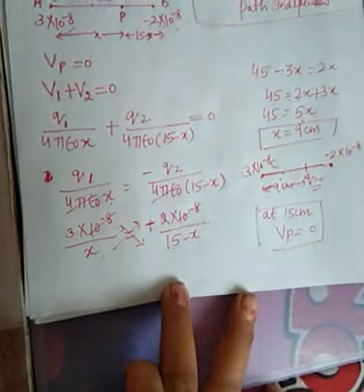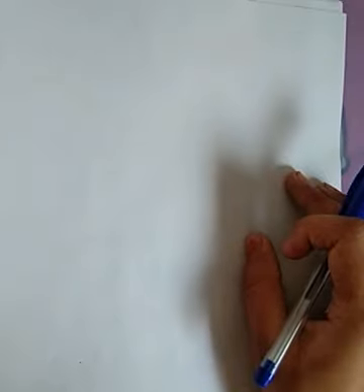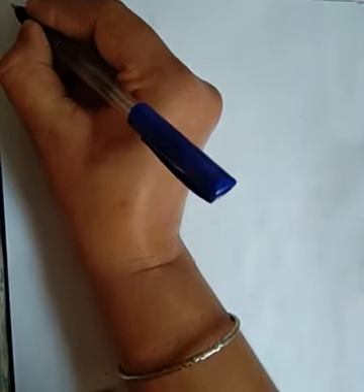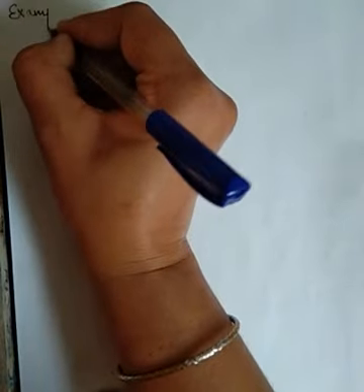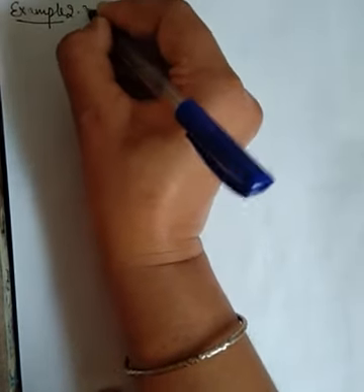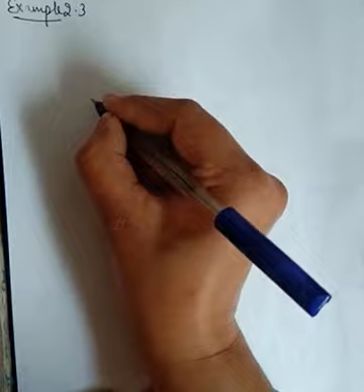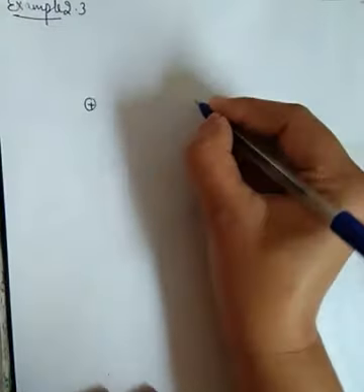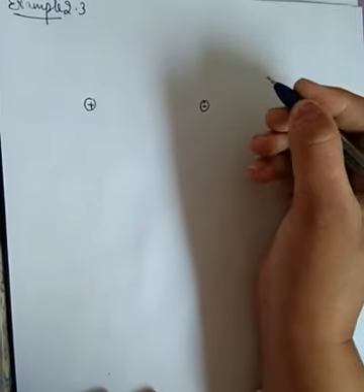Okay students, now example number 2.3. In example number 2.3 we are provided with 2 point charges, this one is our positive charge and another this one is our negative charge.